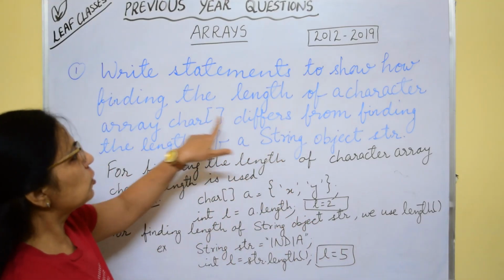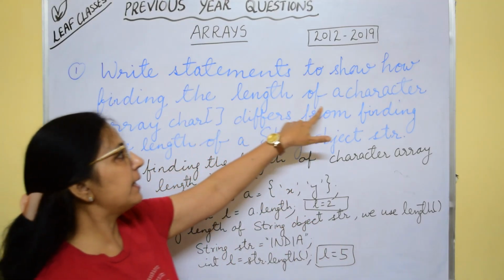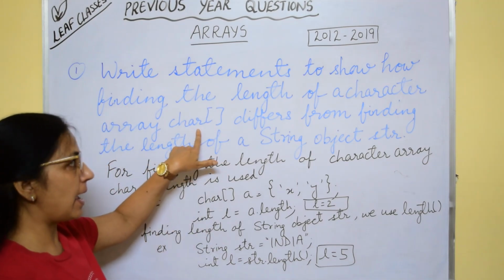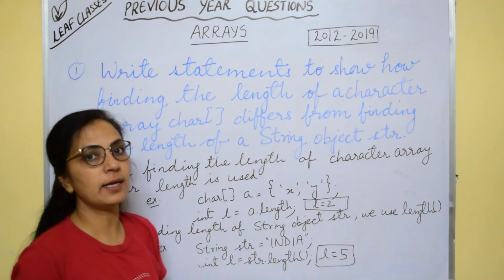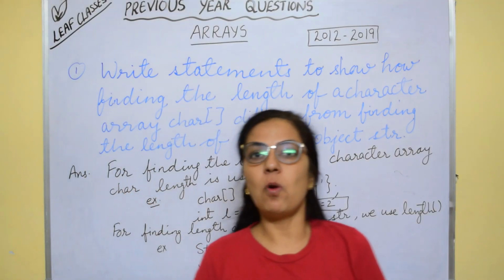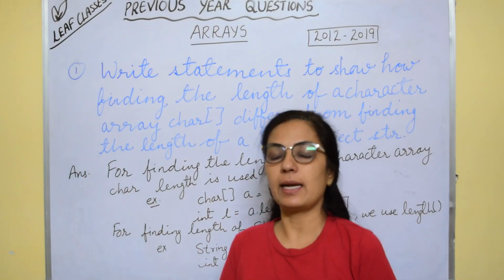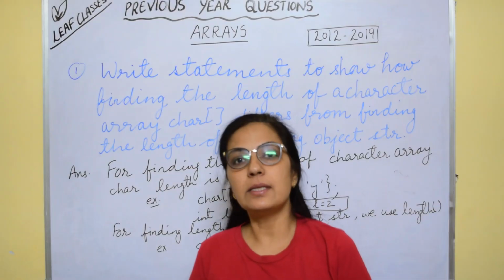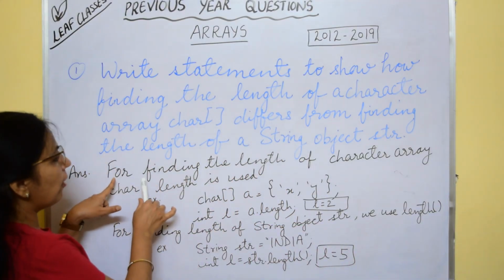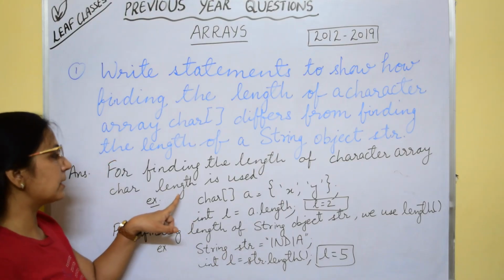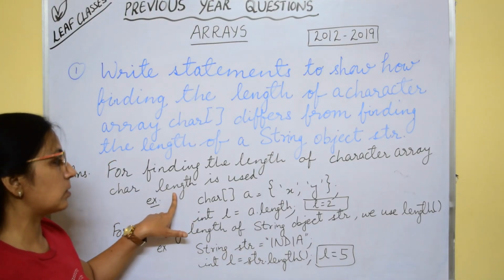Write statements to show how finding the length of the character array char differs from the length of a string object str. We want to find the length of the character array and the string object. So how these things are different. For finding the length of character array, length is used.